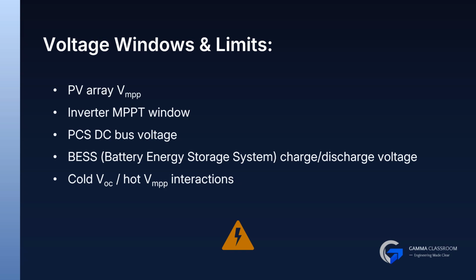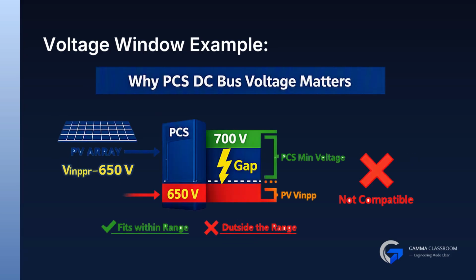Proper voltage window analysis prevents nuisance trips, protects semiconductors, and ensures compliance with grid codes. If the PV array's operating voltage is lower than the PCS minimum, the system cannot transfer power efficiently. That's why DC coupling is not recommended in this case.